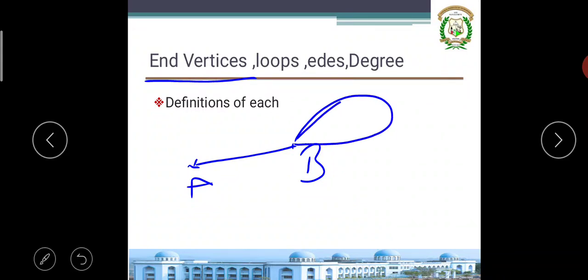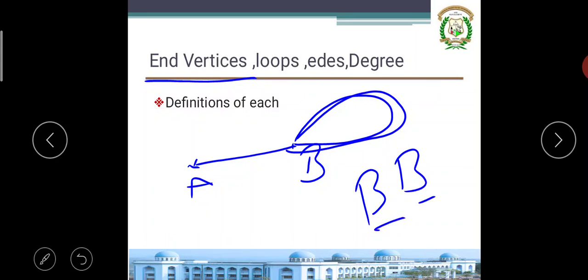This is a loop. If the edge is like B to B, that is a loop. The edge's starting vertex and ending vertex are the same. That is called a loop. If I write an edge like A to A, that is called a loop.